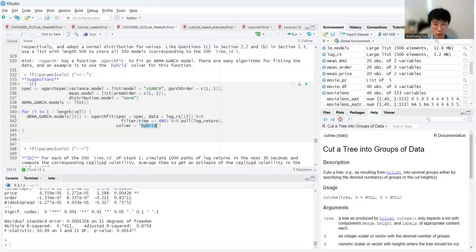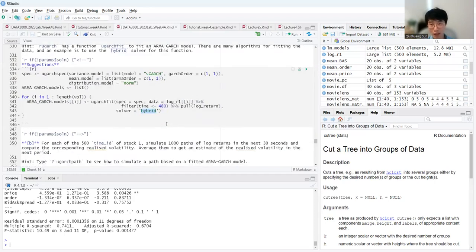If you use other solvers, it can be quicker to estimate the model parameters, but it could raise some error if your data looks very strange. Because we have too many data sets, I just use the hybrid solver here to yield a robust estimation of the ARMA-GARCH model.